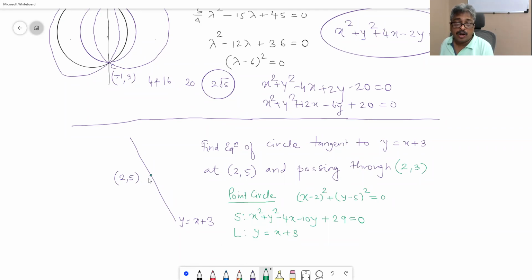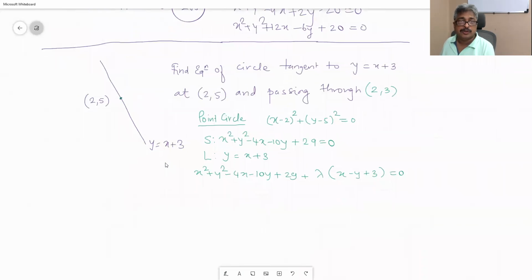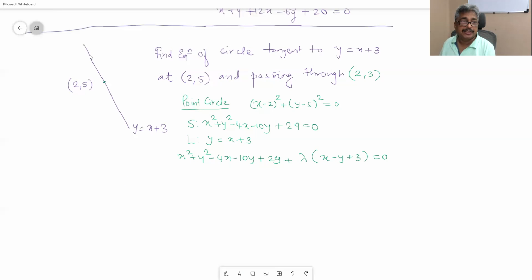Therefore, all circles tangent at 2 comma 5 will be x square plus y square minus 4x minus 10y plus 29 plus lambda times x minus y plus 3 is equal to 0. Every circle in this family is going to be tangent to this line at 2 comma 5. Now I want that circle which passes through 2 comma 3.